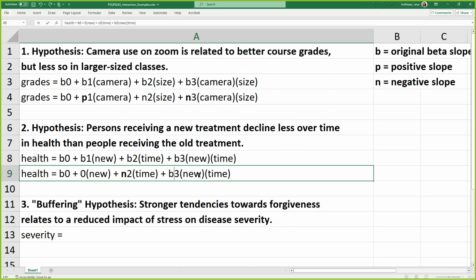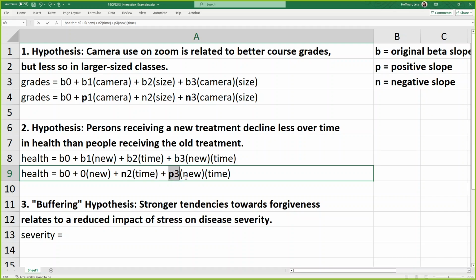And in order for the group getting the treatment to decline less, what does this one have to be? Positive. And what makes you say that? Because the time is passing by. Well, yeah, time is going on. If you think of the x-axis as time, people are going down, but they're not going down as fast with the new treatment.